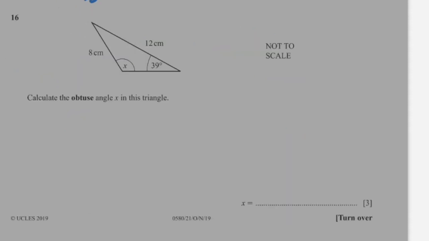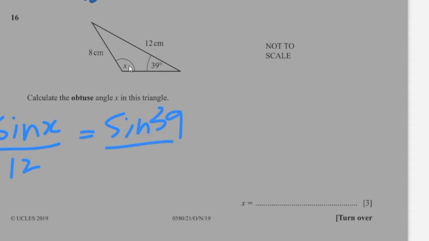Question 16. Calculate the obtuse angle x in this triangle. So obtuse angle tells us that the value of x is supposed to be greater than 90 but less than 180. So I'm going to be using the sine rule over here since we are given two angles and their opposite sides. So here I have sine x over 12, which is the opposite side of angle x, is equal to sine 39 over 8.